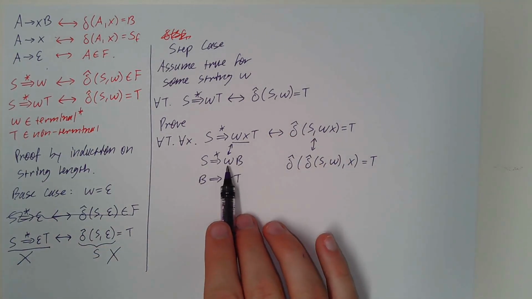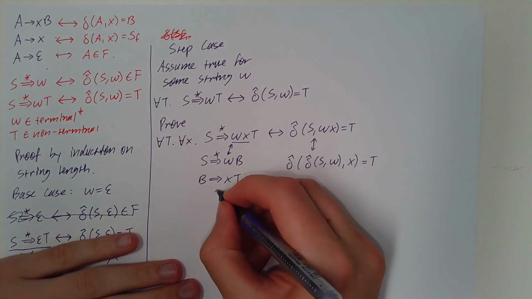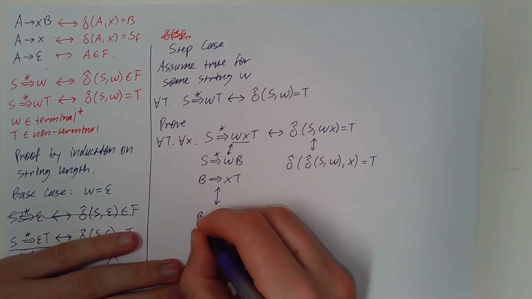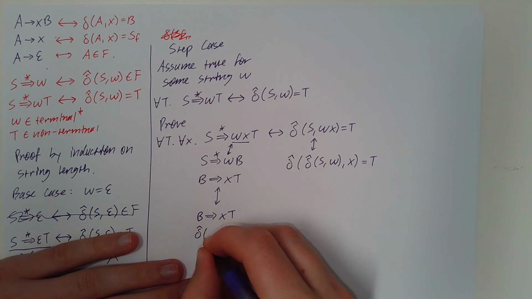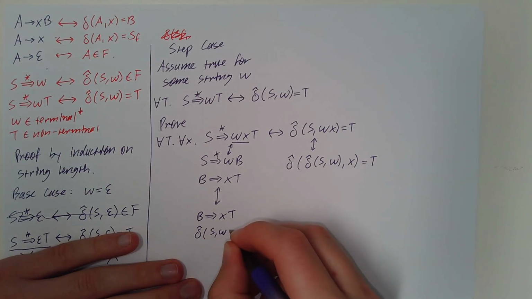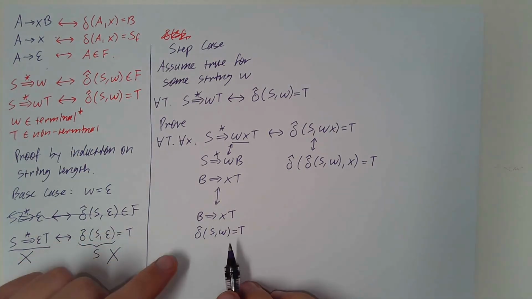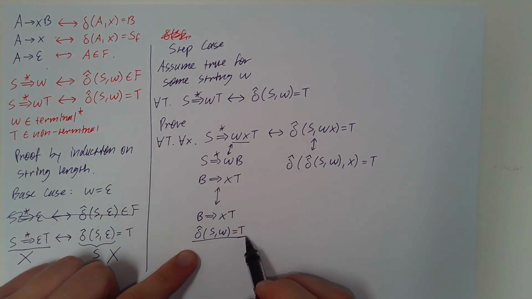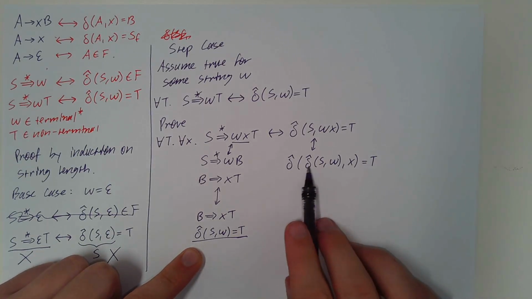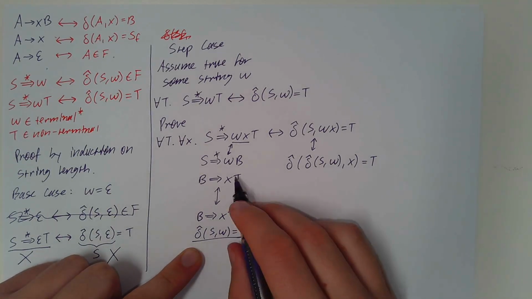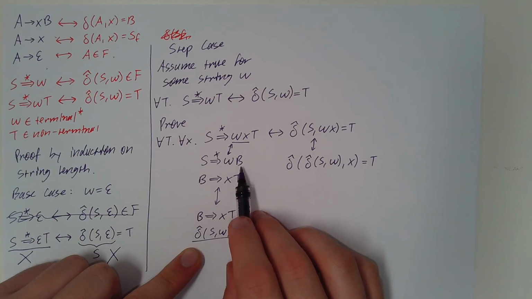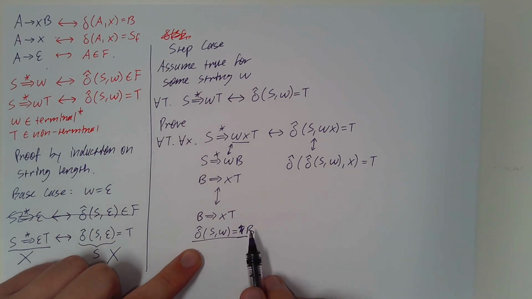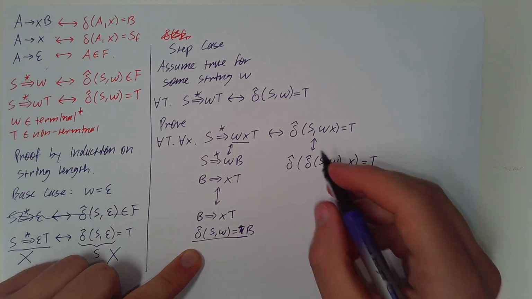If S derives WB, we can use our inductive hypothesis. This gives us that B derives XT, and that delta hat of S reading W takes you into state B. The inductive hypothesis tells you from S, reading W goes to state B, so we can replace the B over here.